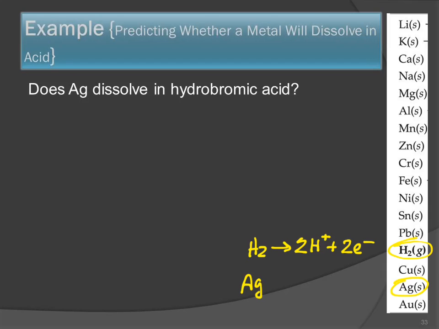The forward reaction for this one is silver going to silver+ plus 1 electron. This reaction wins. The one on top wins. So this one gets flipped around, and hydrogen can reduce silver ions, but acid cannot oxidize silver metal. So the answer is no. It's important that it says hydrobromic acid there. It will not dissolve in anything but nitric acid. It might dissolve in nitric acid.